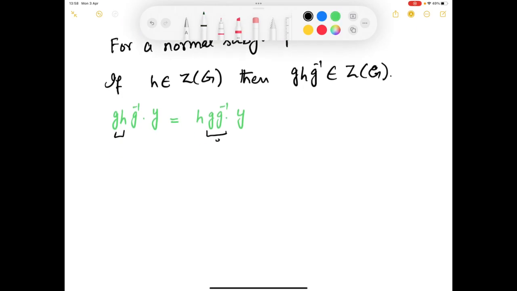And because this is the identity, this is the same as h e times y, which is h y.